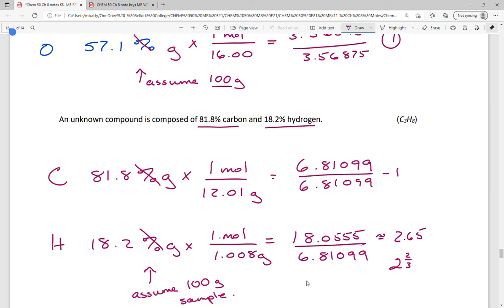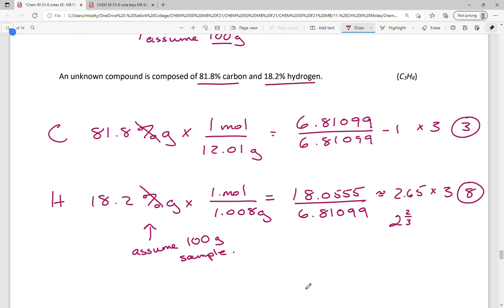So in this one, because the denominator is 3, we're going to have to multiply it by 3, which means you also have to bump this one up by 3 to get a whole number ratio. So this works out to 3, and this works out to 8. So the empirical formula for this compound is 3 parts carbon, or 3 atoms of carbon, and 8 parts, or 8 atoms of hydrogen. This is propane as a compound.